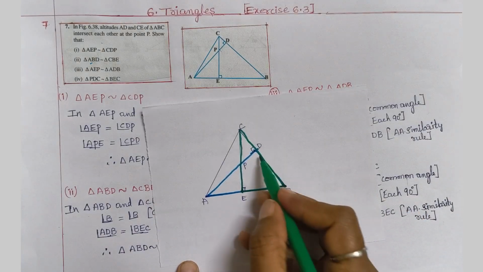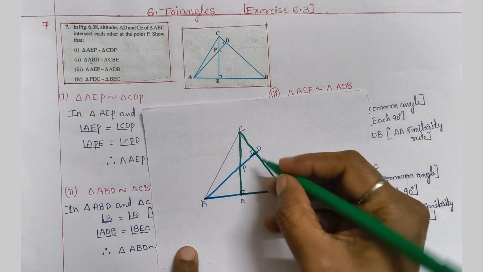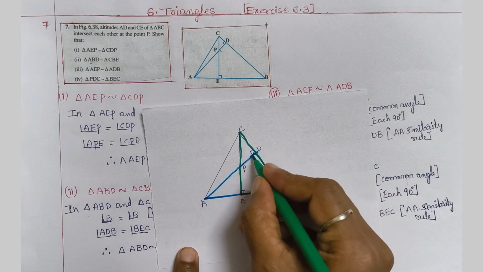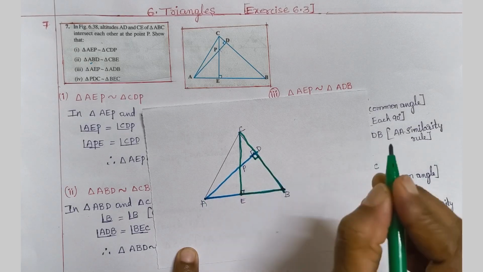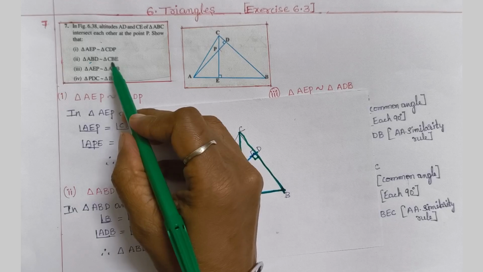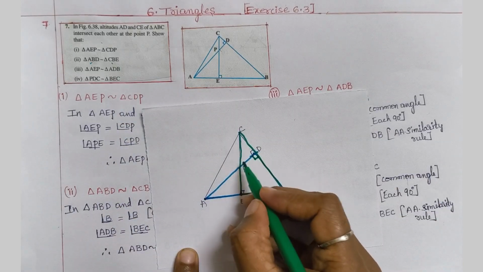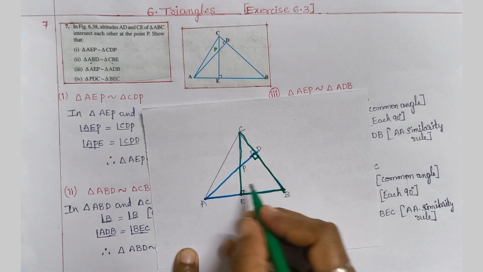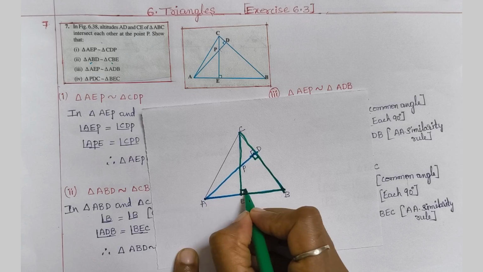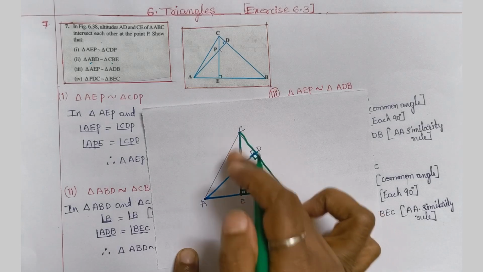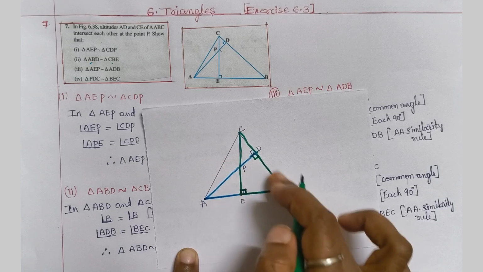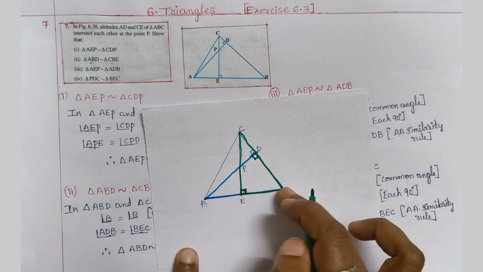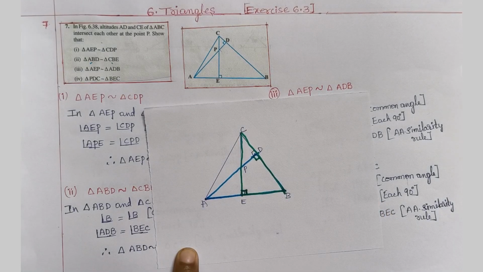See here, taking triangle ABD, here 90 degrees is there. Next, triangle CBE, taking this triangle, here also 90 degrees is there.